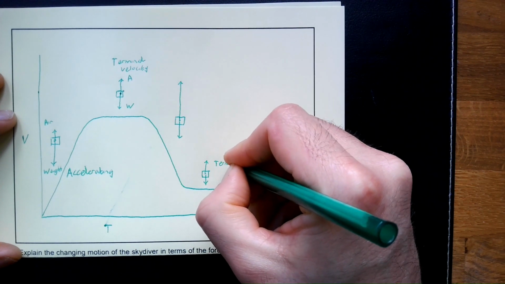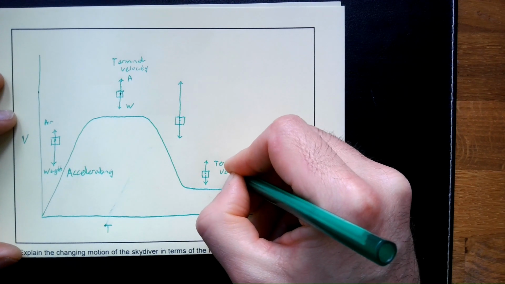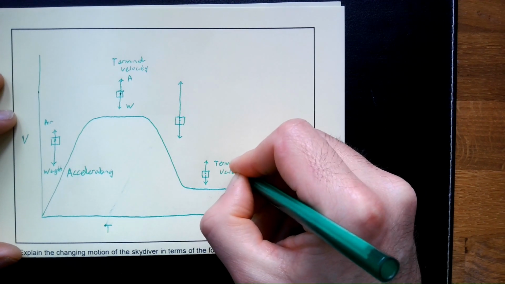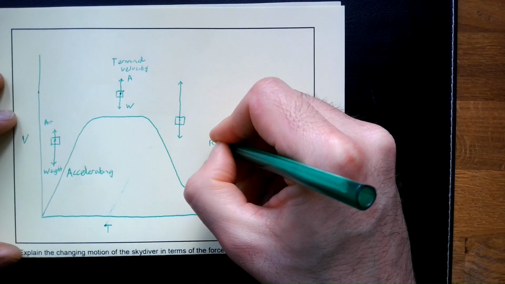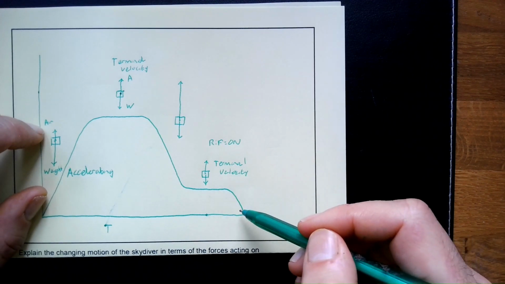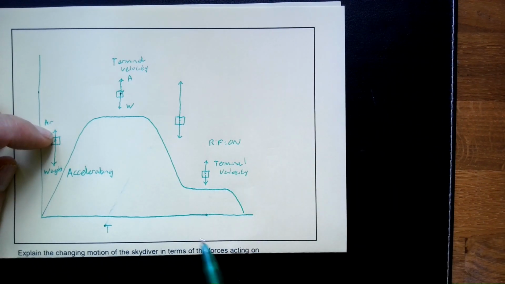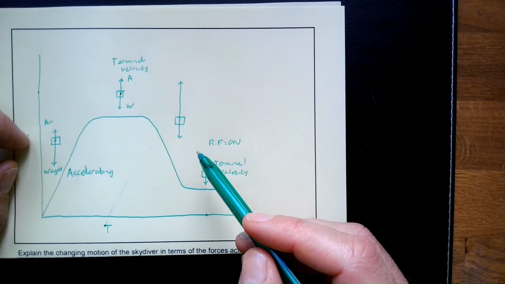This is where both forces are equal, so we say the resultant force is equal to 0. It's the same up there as well. And then they hit the ground and they stop really quickly. And that's basically what happens in the skydive, and that shows you the forces of each one.